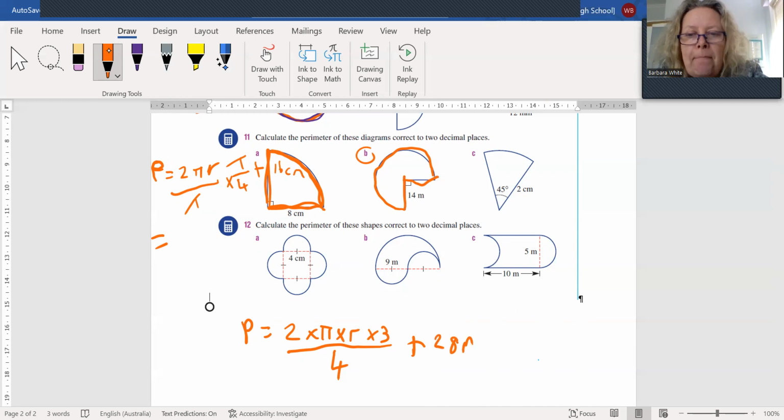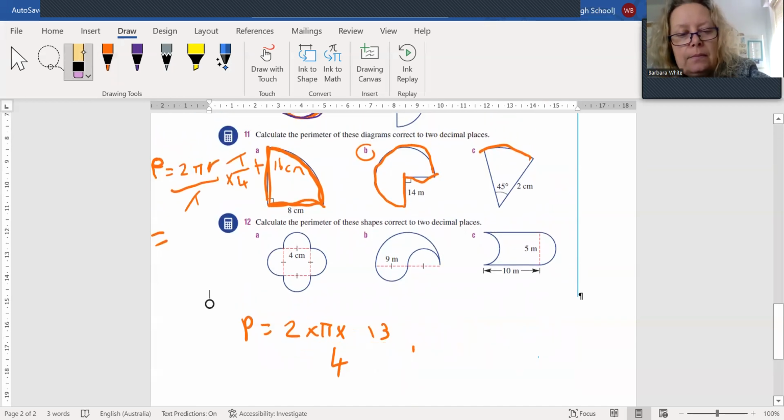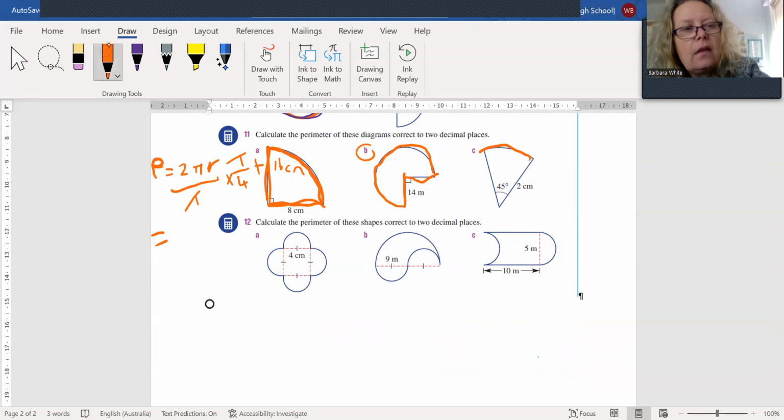All right. How much of a circle is this? Let's see. A whole circle would be 360. This is, let me rub all this stuff out. Hang on. This is 45 out of 360.